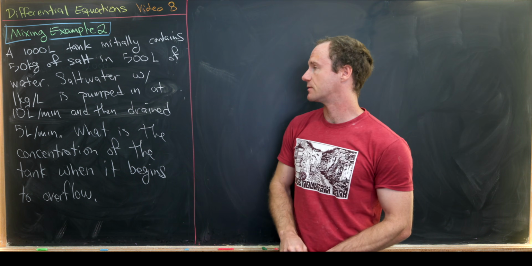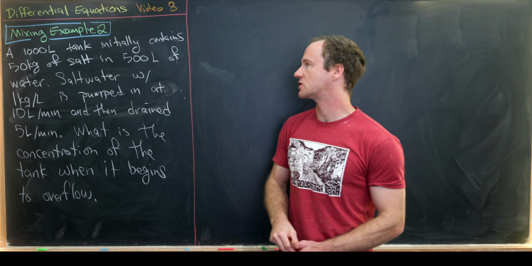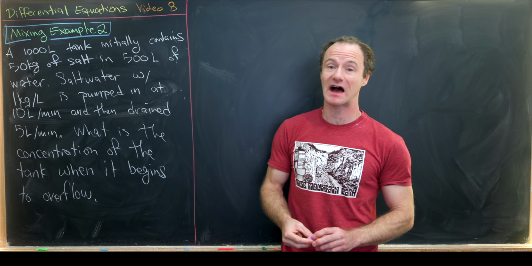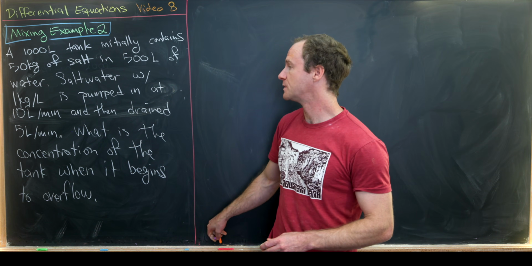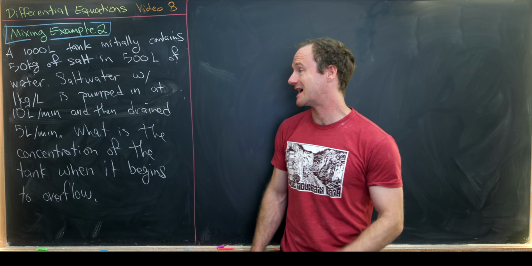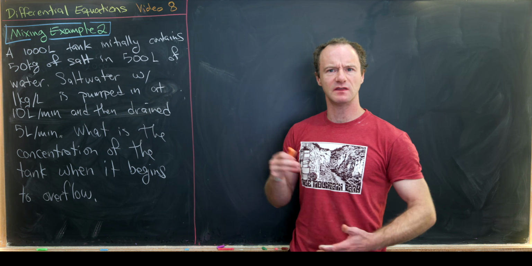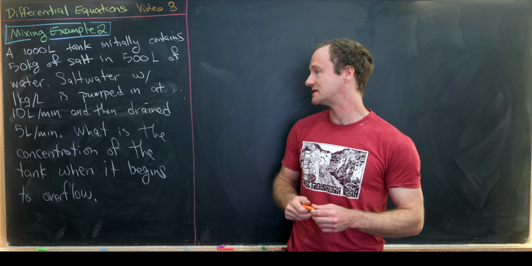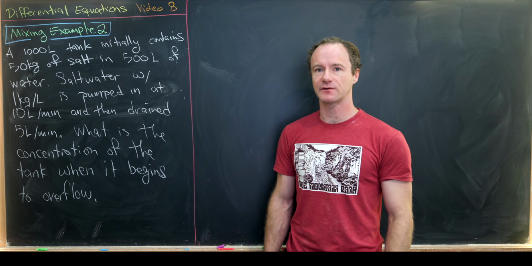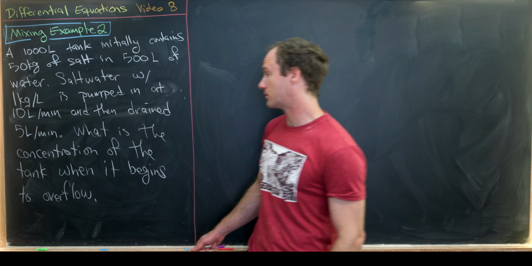Now for our next example. A 1,000-liter tank initially contains 50 kilograms of salt and 500 liters of water. Salt water with 1 kilogram per liter is pumped in at 10 liters per minute. Then the tank mixes and drains at 5 liters per minute. So this is the main difference from our previous example.